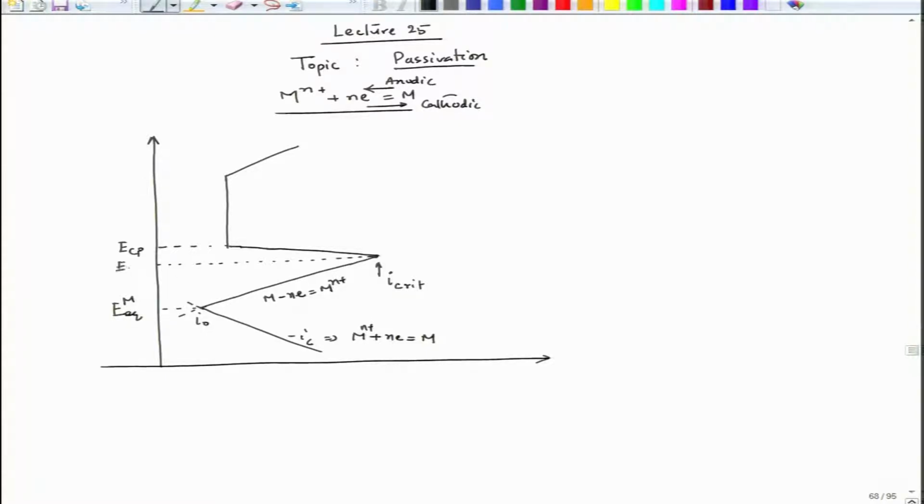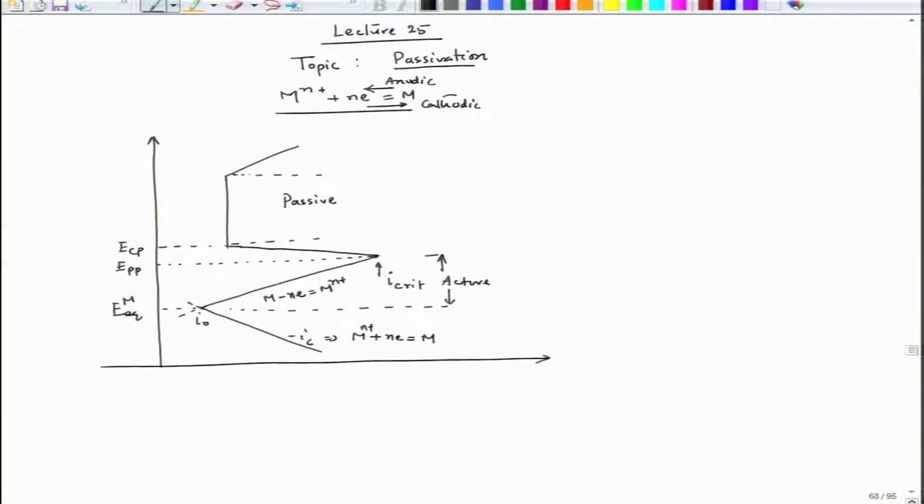This point is E P P, called primary passivation, and then of course this region we call passive, and then this particular region is the active region.